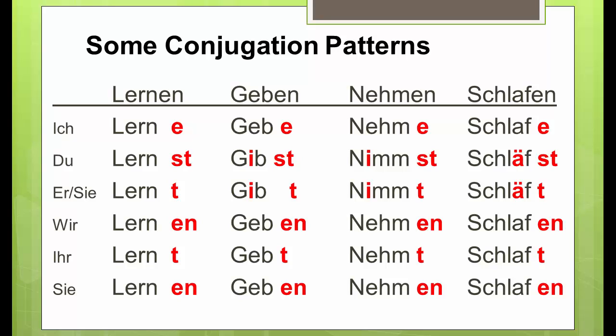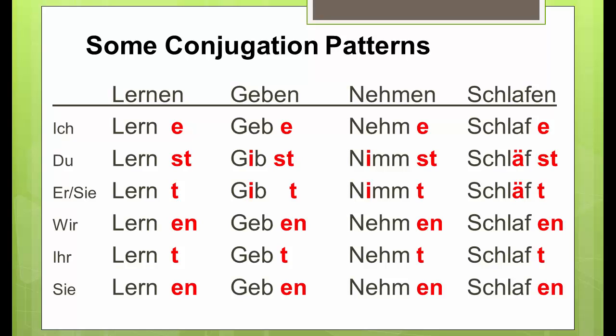Look at the first line, ich. That is pretty obvious. We drop the en and we add an e. Seems to be pretty straightforward. The you form is pretty straightforward.